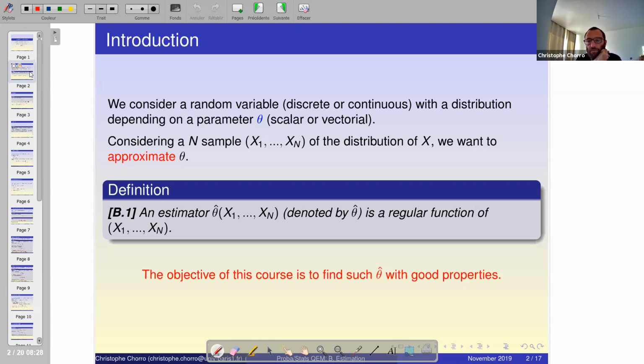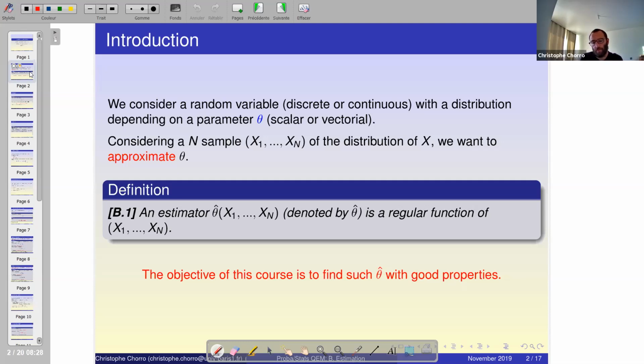Theta hat will be my approximation that depends on my set of observations x1, x2, xn. And in the following, in order to make the notation lighter, I will denote by theta hat, in fact, theta hat of x1, x2, x capital N, omitting the fact that my estimator depends on the observations because it is the case from the definition.